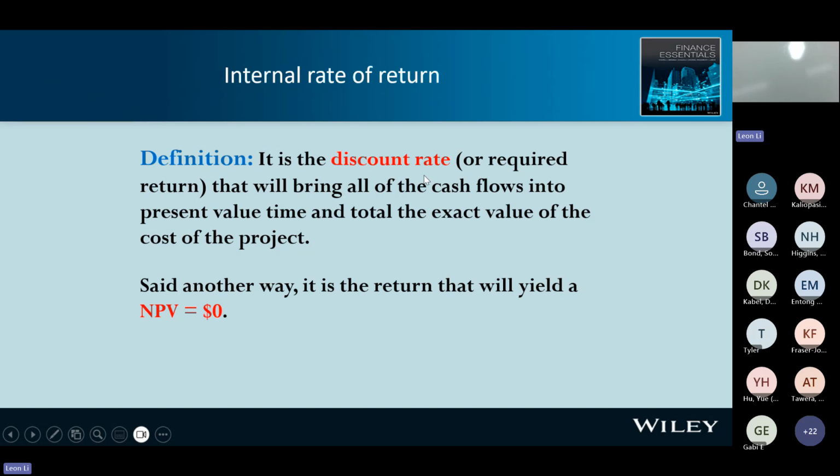Internal rate of return is the return that will yield a zero NPV. All right. So this is the internal rate of return, or IRR. So when I see the IRR, I know this is the return that will create or yield a zero NPV. Right.